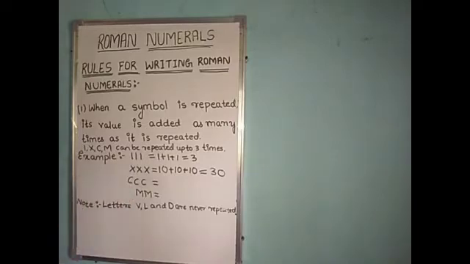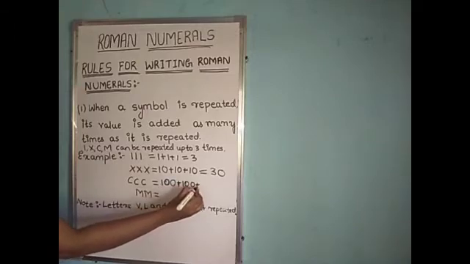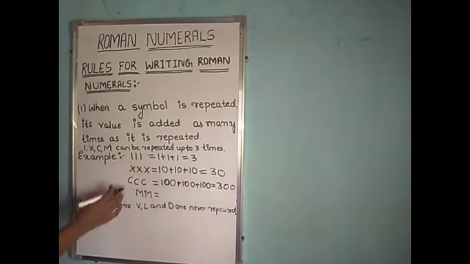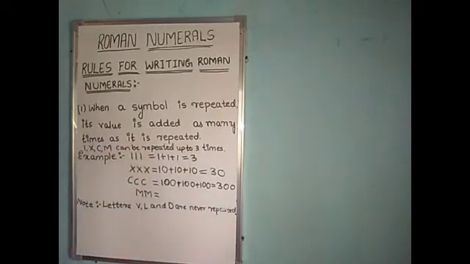The numeric value of C is 100. So we have to add 100 three times. 100 plus 100 plus 100 is equal to 300. CCC is equal to 300.